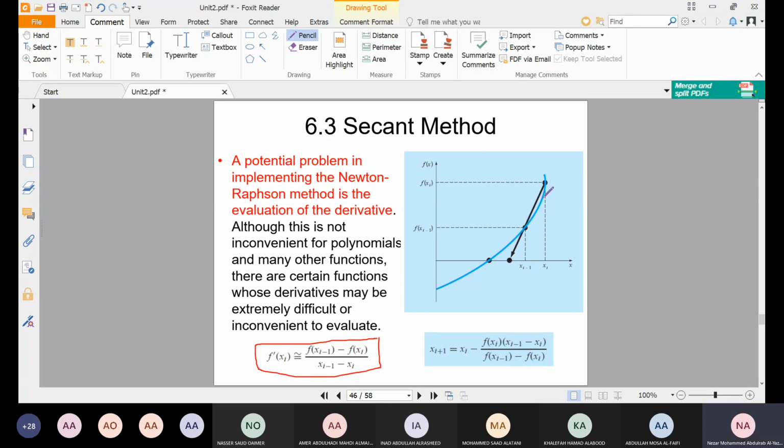It is the same criterion of evaluation. We start from this one, use the tangent, for example, to estimate the current estimate. After that, we use this initial guess and this guess to draw a slope, to estimate the new value like this. But here we don't use the first derivative, and we also have two initial guesses in the second method.